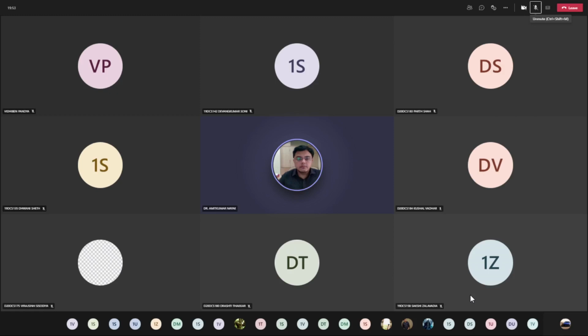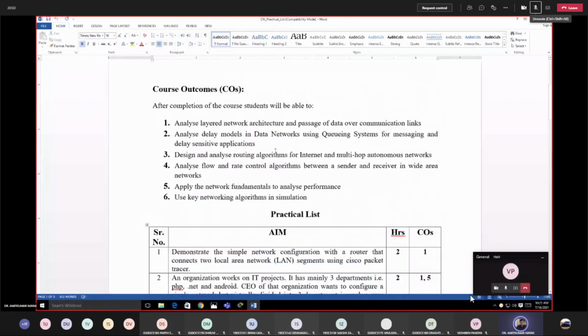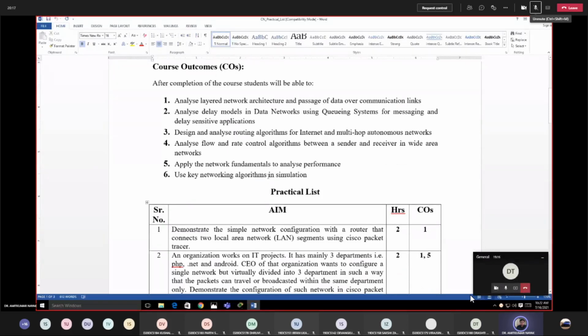Okay, so let me share the screen. Right now I'm accessing Cisco Packet Tracer as well as I have the practical list. We will go through the practical list first, and then we will go through the Cisco Packet Tracer.